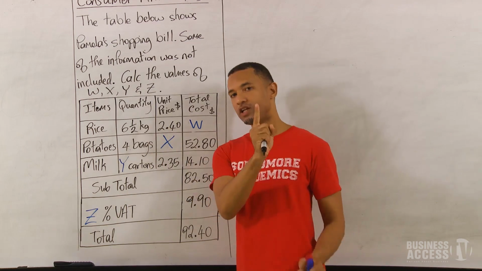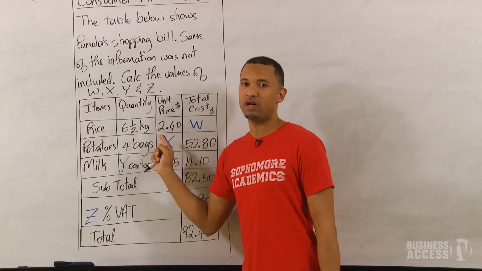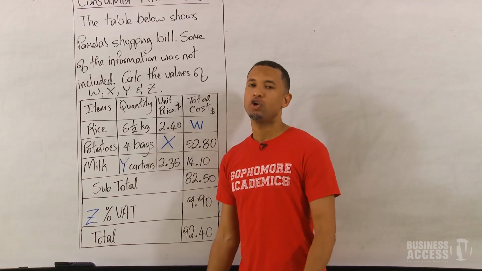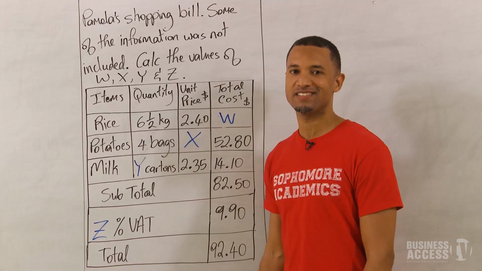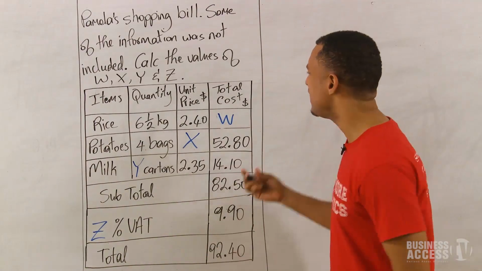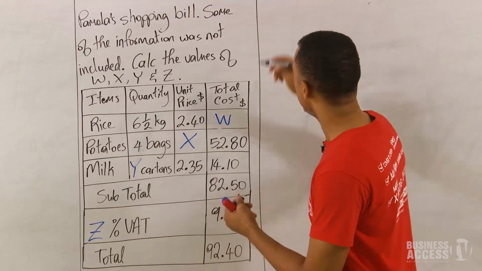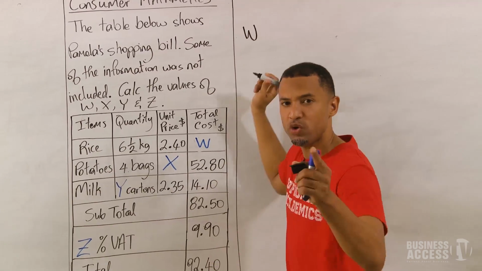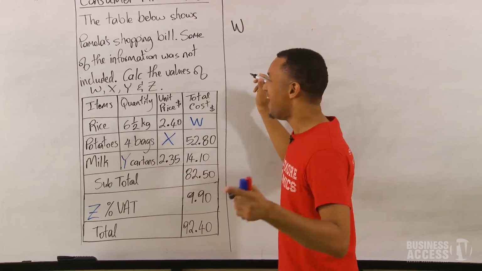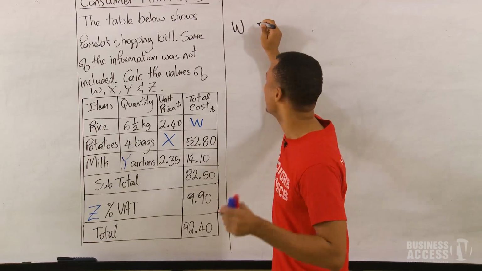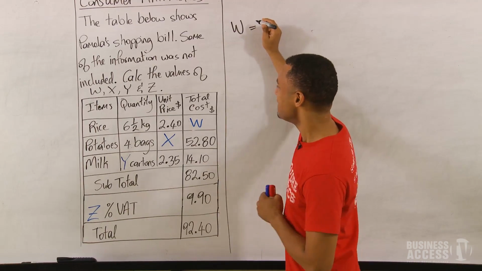Now, if 1 kilogram costs $2.40, how much will 6.5 kilograms cost? Most of you would get this right. I know you have your calculators ready. If you don't have your calculators, please go and get them.